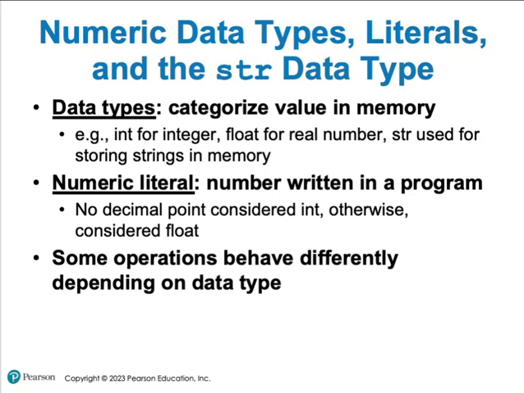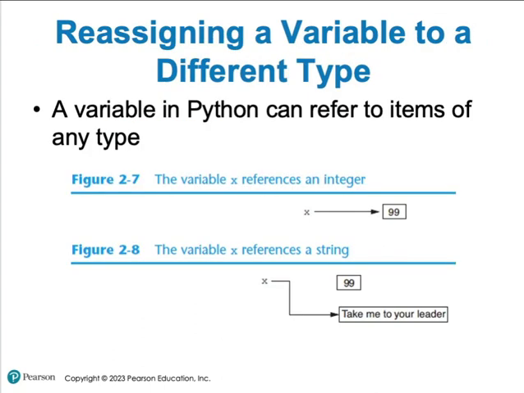So if you said something like some value equals 2 times r times 3.14, that 3.14 is a floating point literal. We do have some operations that use the same operation symbol, but they may behave differently based upon what type of data you pass into them.